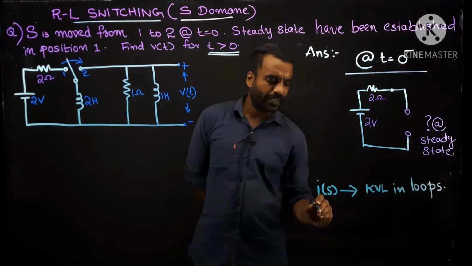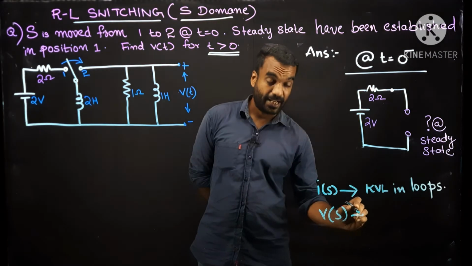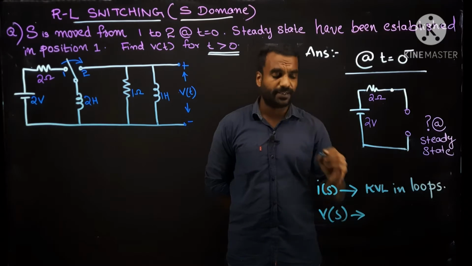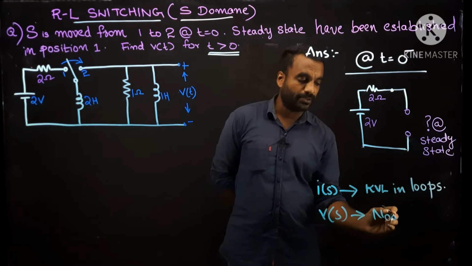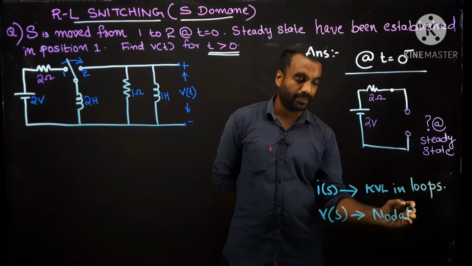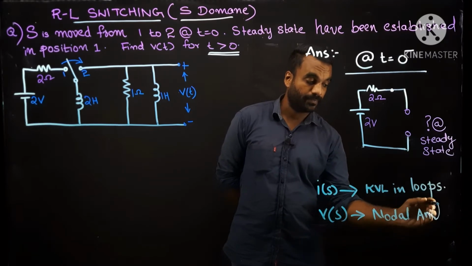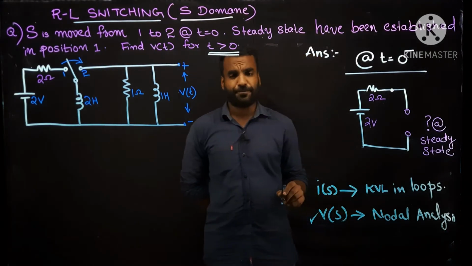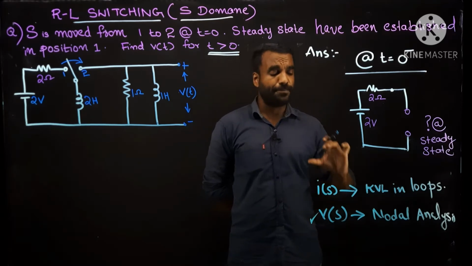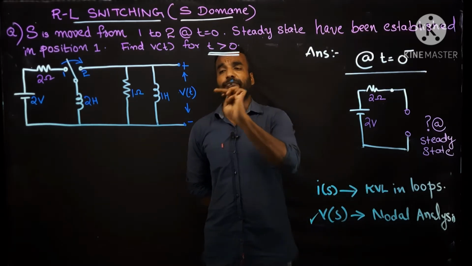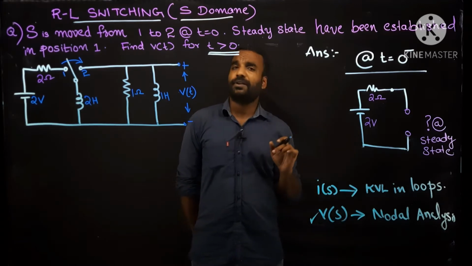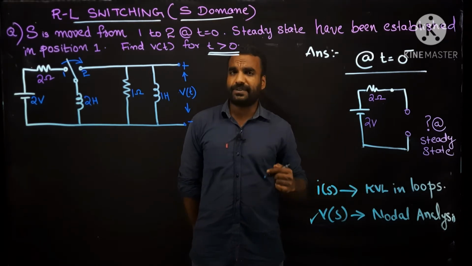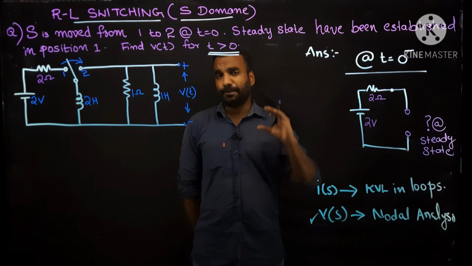But if voltage V of S is asked, generally, not always, you have to apply nodal analysis. No mesh analysis or loop analysis is needed. Nodal analysis is preferred. Keep this in your mind. Nodal analysis is generally preferred for problems where V of t is asked, because nodal equations are written by taking voltage as the main parameter, and loop or mesh equations are written by taking current as the main parameter.